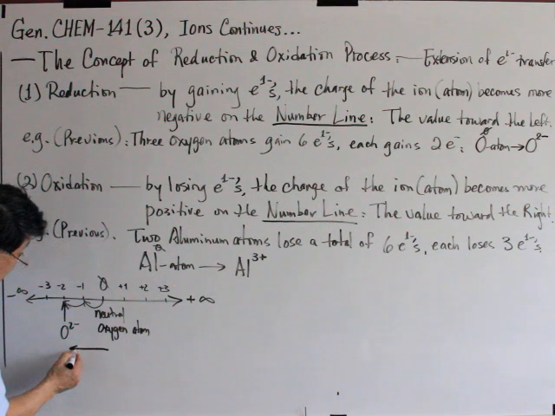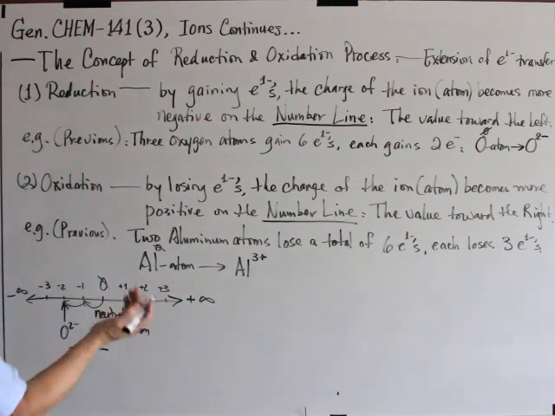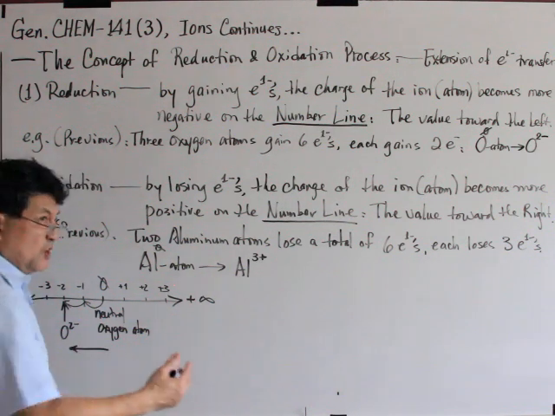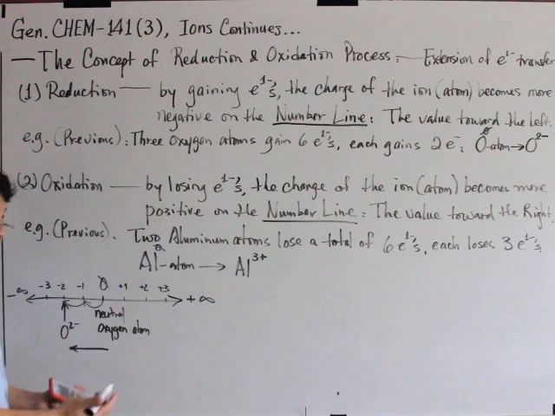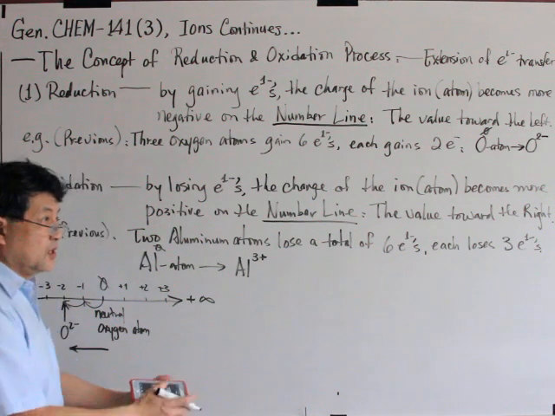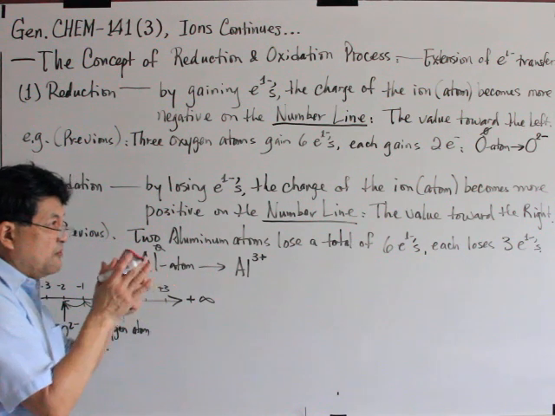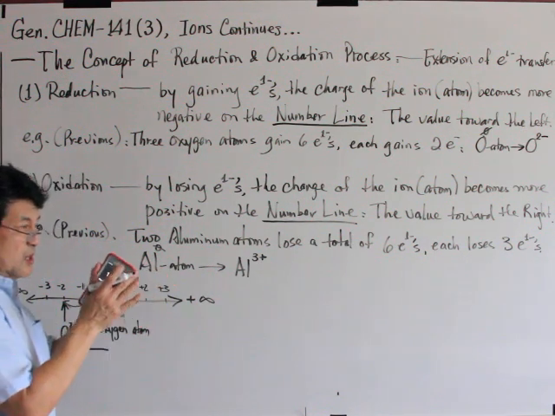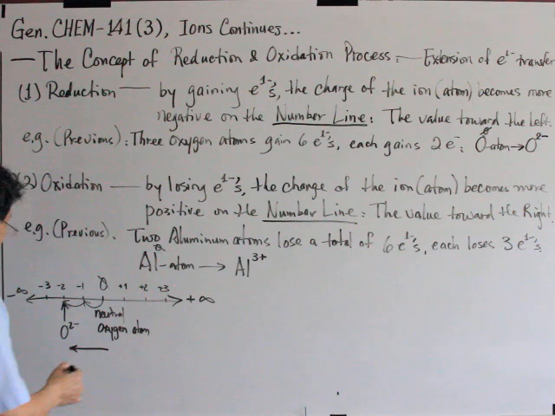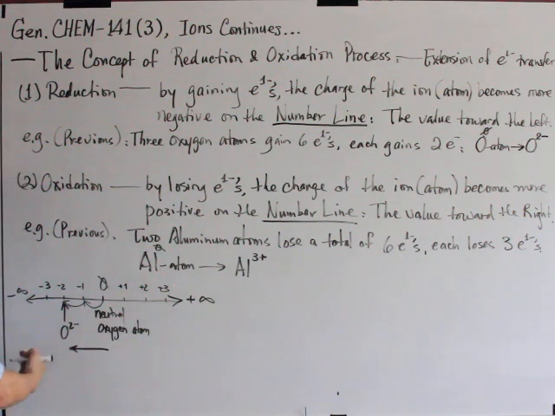Now let me ask you something. Gaining electrons, for the oxygen case right here, the value of the charge or the oxidation state, whichever you call it, in this case let's just forget about the very feeble difference. The value goes from 0 to a negative value.